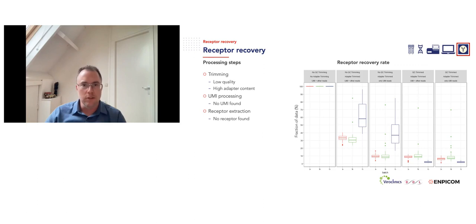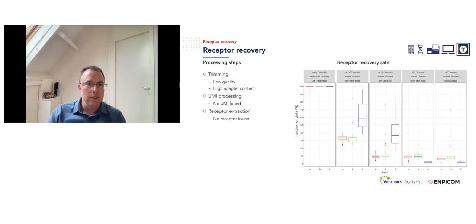There's all sorts of things that can lead to a read that does not contain a receptor that can be identified. In this particular graph, it's not the data that we generated in this particular project. It's an example data set that has quite a lot of junk in it, just for illustration purposes.